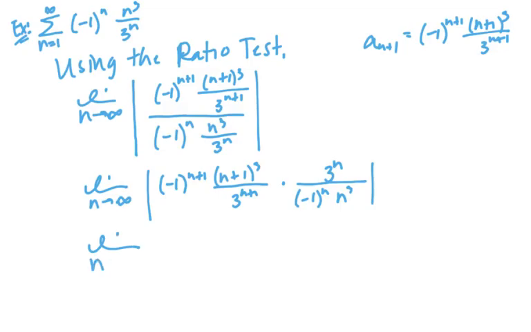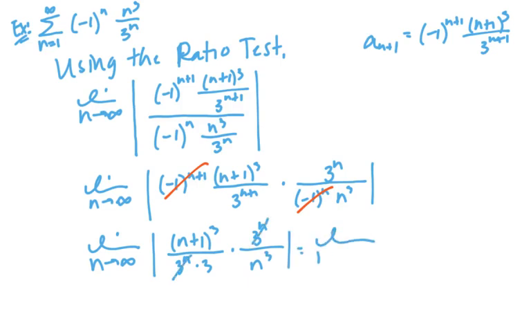So we have the limit as n approaches infinity. Now the absolute value bars mean that these signs don't really matter because everything will be positive. So we have the absolute value of n plus 1 to the third, and like we said, 3 to the n times 3 to the n over n to the third. So these cancel, and we have the limit as n approaches infinity of n plus 1 to the third. Let's go ahead and use Pascal's triangle.